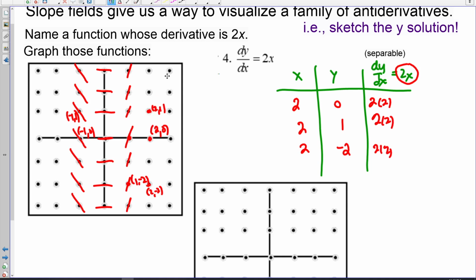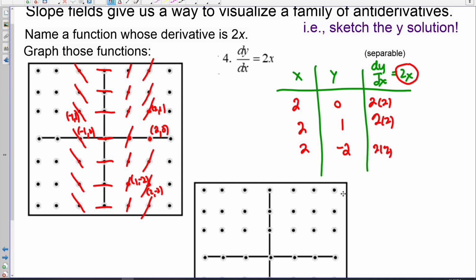Pretty steep, right? Something like that. And that gets duplicated everywhere where the x value is 2.